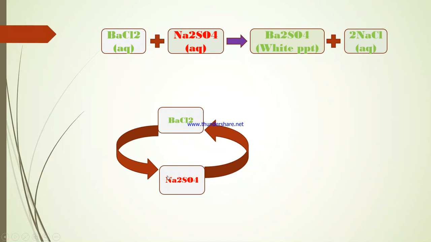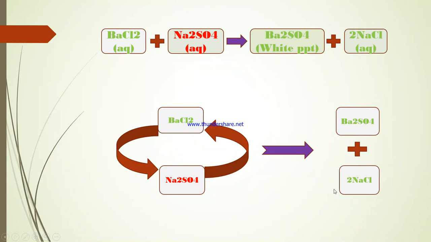What do these arrows actually indicate? They indicate that barium displaces sodium from its compound and combines with sulfate, forming barium sulfate, which is a white precipitate, whereas sodium combines with chlorine and forms the second product, which is NaCl, a clear liquid.